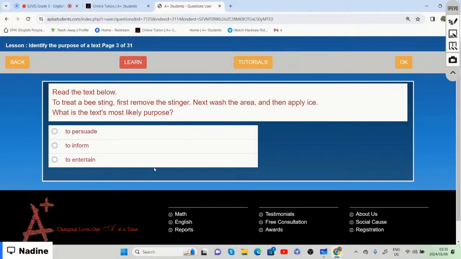To treat a bee sting, first remove the stinger, next wash the area, and then apply ice. What do you think is the text's most likely purpose? Is it to persuade readers to do this, to inform readers, or to entertain readers?